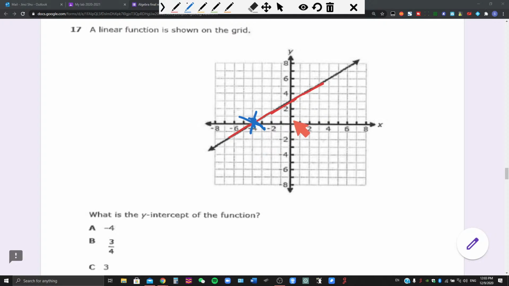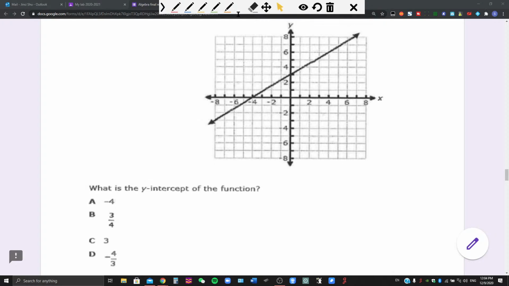That's wrong. So this is the y-intercept, and that's between 2 and 4. So that should be 3.